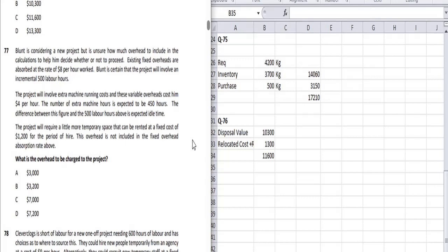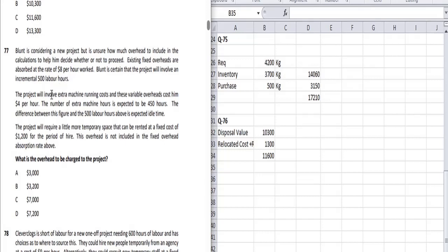To help him decide whether or not to proceed, existing fixed overheads are absorbed at the rate of 8 per hour worked. So fixed overhead, only if it is incremental will it be relevant; existing overhead will be irrelevant. Blunt is certain that the project will involve an incremental 500 labor hours.